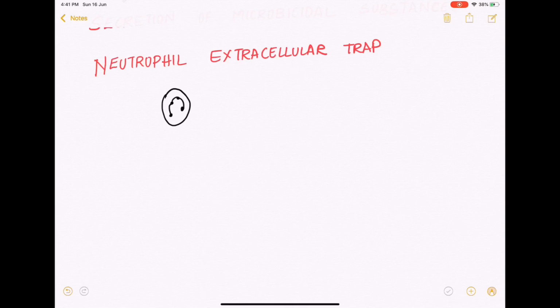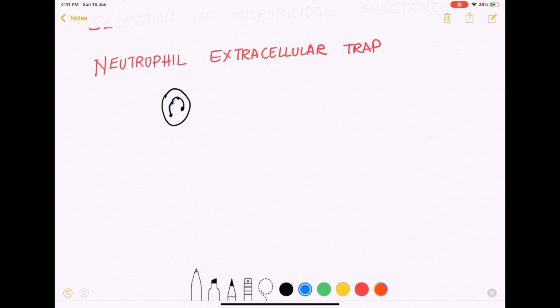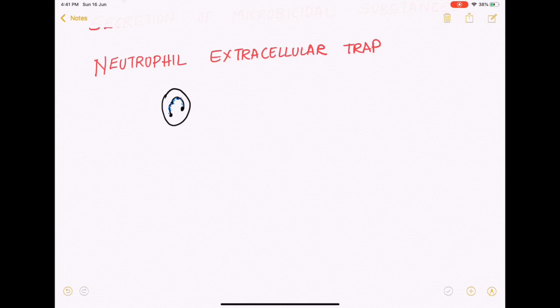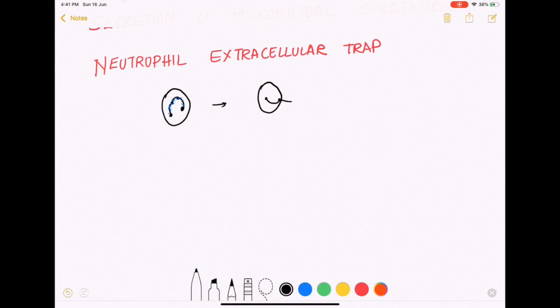So this chromatin is going to be embedded with a lot of microbicidal substances, and this is going to be thrown outside the cell in this manner. So now this has a very high concentration of antimicrobial substances on it. So let's say here we have some bacteria which gets trapped here, and that's what's called neutrophil extracellular traps.